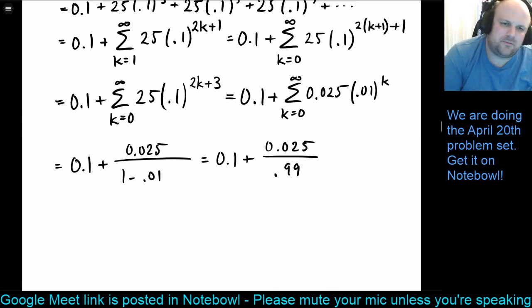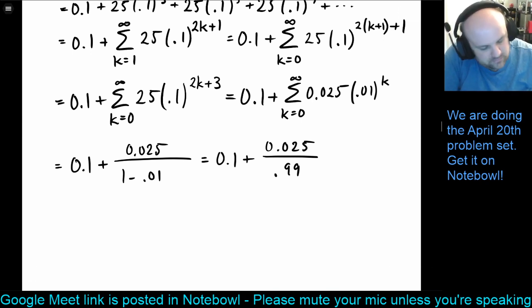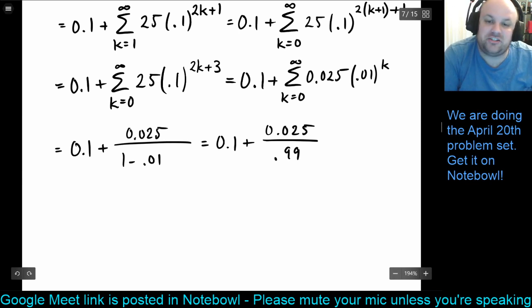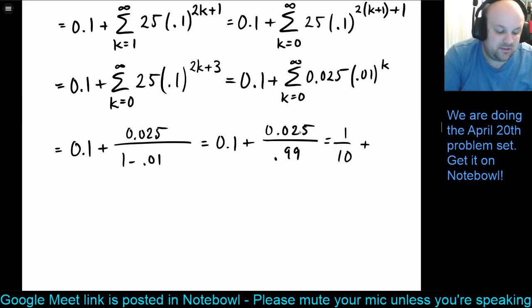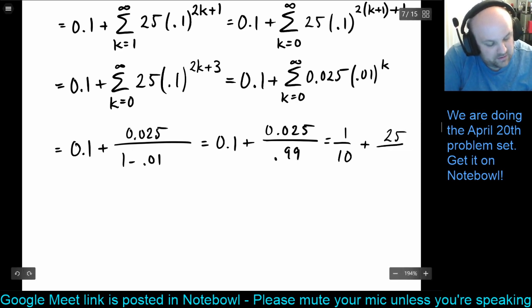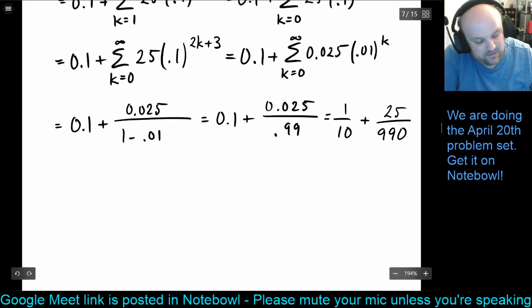Right, so this got a little more interesting now. Here's where we want to change everything to a fraction. So the 0.1 is 1 over 10. This one here, I have to multiply the top and the bottom by 1,000. It will be 25 over 990. Right?